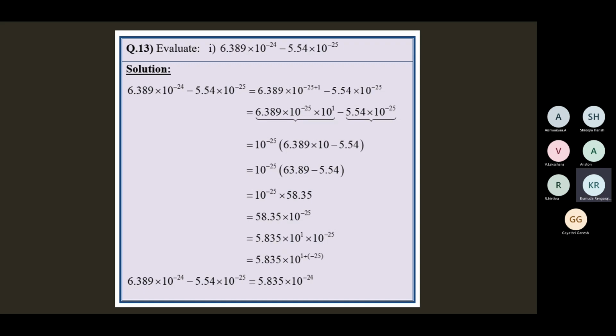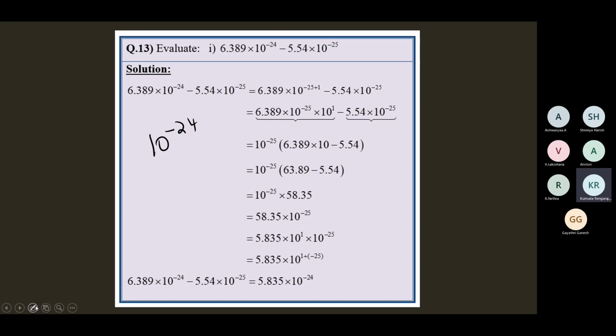Okay. Now, it is not mandatory that you have to take out minus 25 only common. You can also work by taking 10 to the power minus 24 common. It's not wrong. But sometimes, children get confused as to which one to take out common.